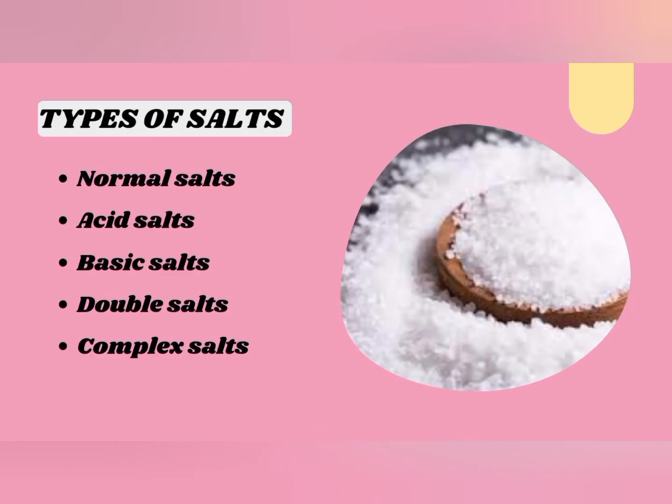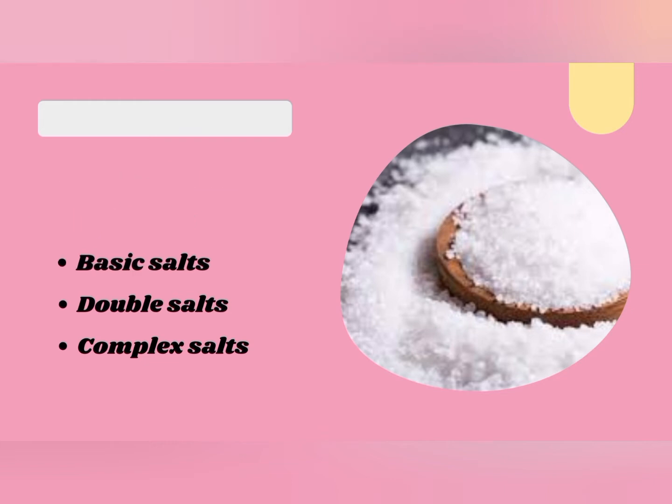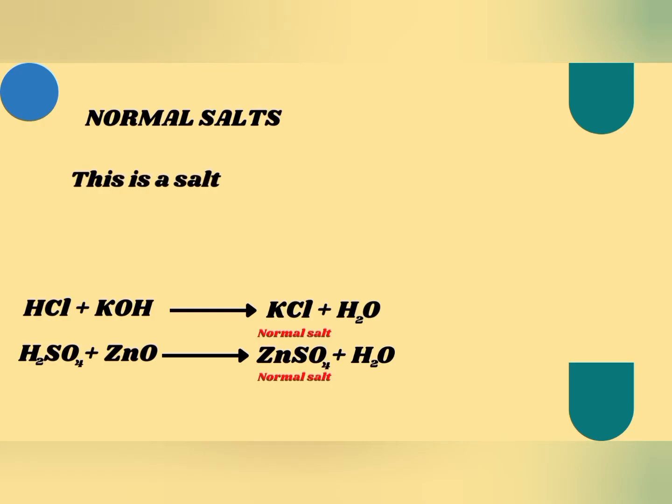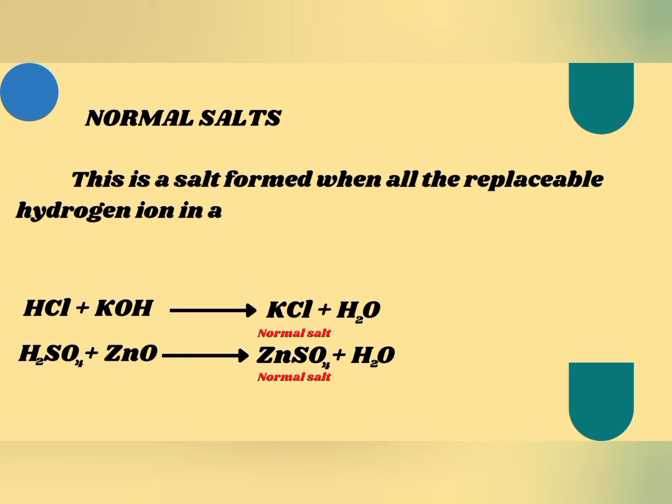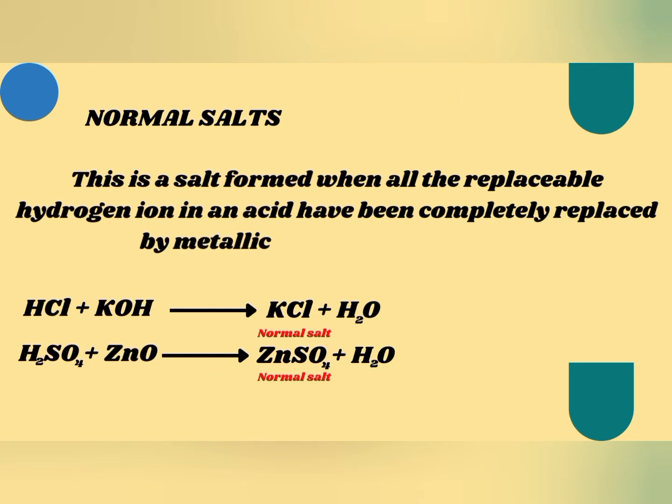Here are the types of salts. We have normal salts, acid salts, basic salts, double salts, as well as complex salts. So we'll be starting with the meaning of a normal salt. Normal salts are formed when all the replaceable hydrogen ions in an acid have been completely replaced by either a metallic ion or an ammonium ion.